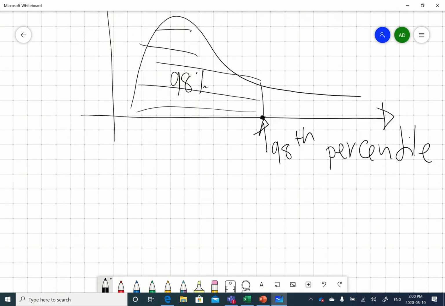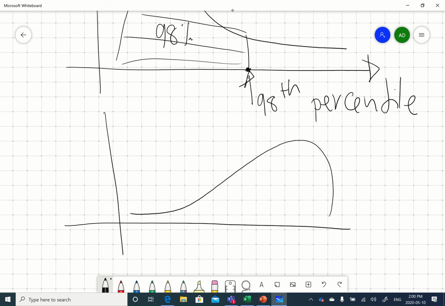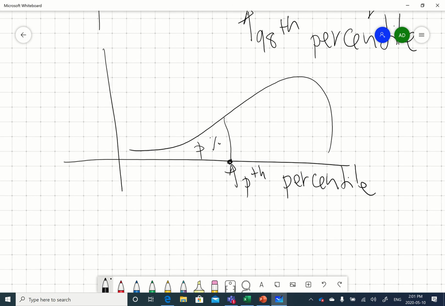If you have p% of the data below this point, this is called the pth percentile. So that's how we define percentile. If you happen to have p percent of data below a certain point, that point is called the pth percentile.